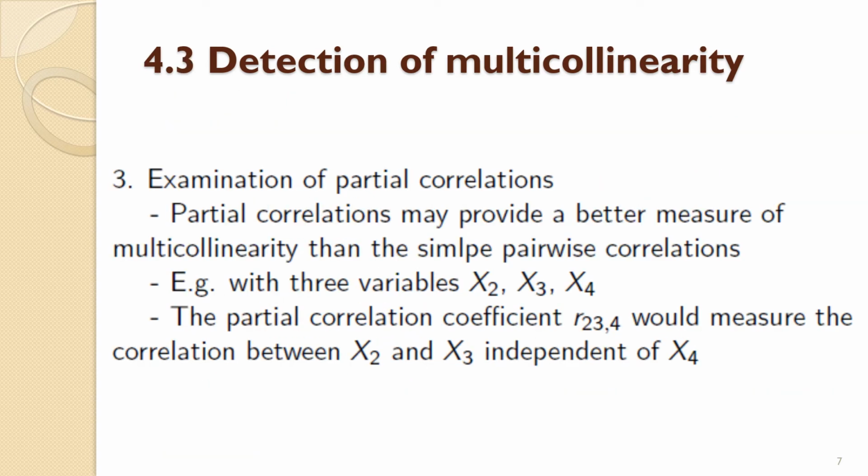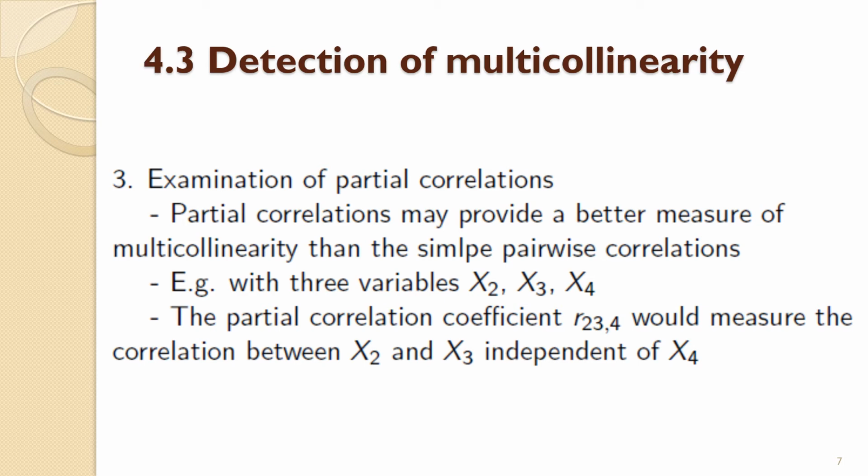Another suggestion discussed in the textbook by Gujarati and Porter in terms of how to detect multicollinearity is to examine partial correlations. Now, I've never actually seen a numerical example of partial correlations calculated, so I suspect this is really a theoretical rather than a practical thing.